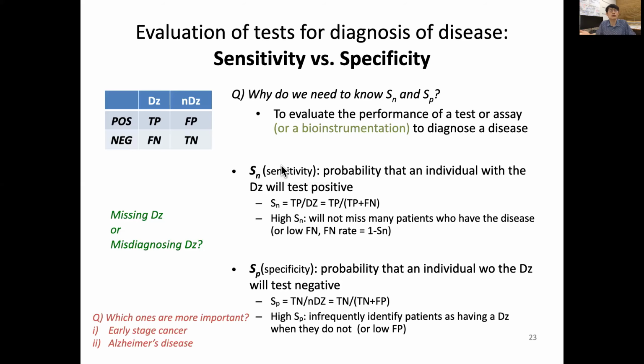Let's think about another type of disease. Let's say there's no good cure for the disease, no treatment. Even if you know that you have the disease, if there's nothing or not many things to do for the patient, that will aggravate the patient or give a burden to the patient. Here's an example: Alzheimer's disease. To date, if I know that I've got Alzheimer's disease, there's not much I can do.